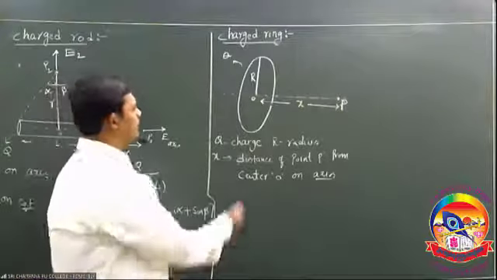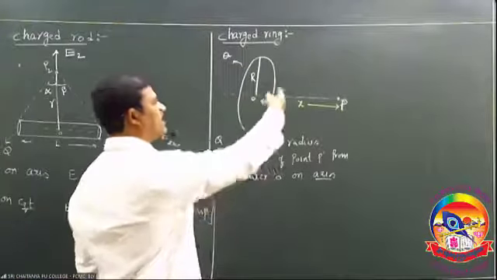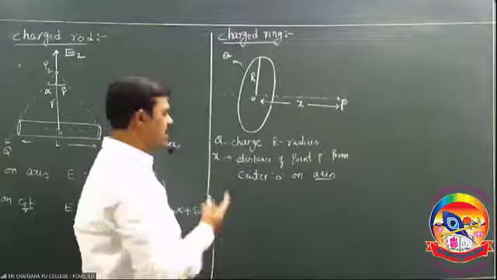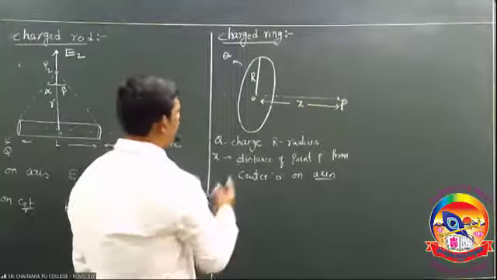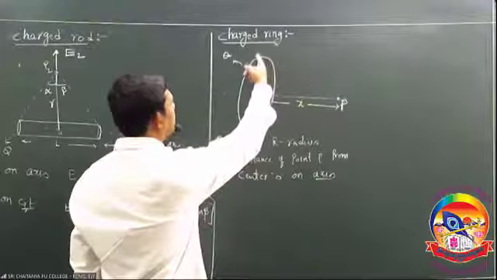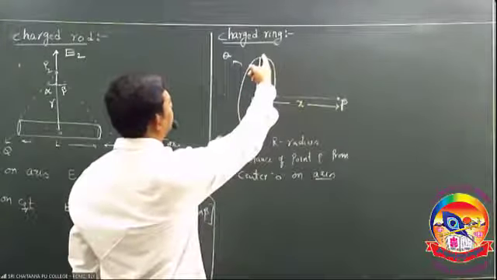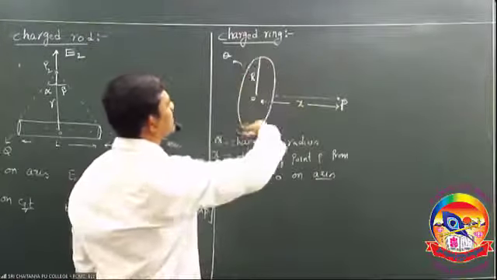Same procedure. Divide this ring into small elements. For that, first you need to know the charge per unit length, we can say.